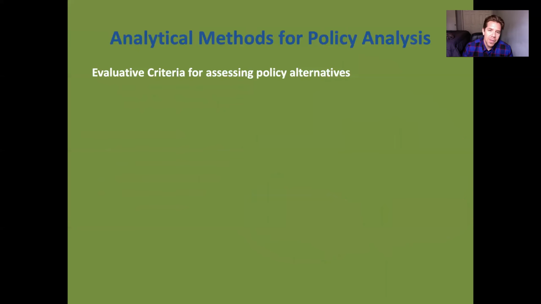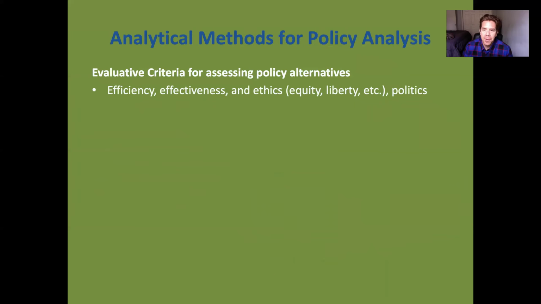I mentioned last couple lectures that there's 4 important criteria that are often used to think about potential solutions to any given problem in public policy. One is efficiency, the benefits versus the costs of certain policy options. The other is effectiveness, the likelihood of achieving a desired goal or objective using a particular policy tool or instrument.